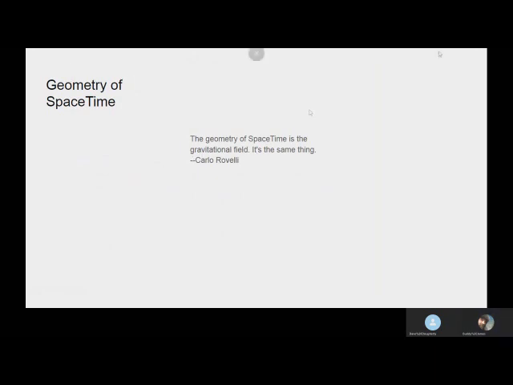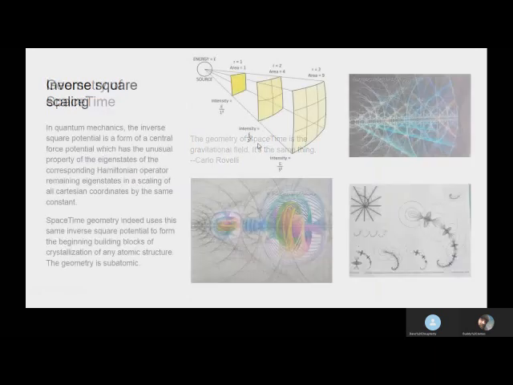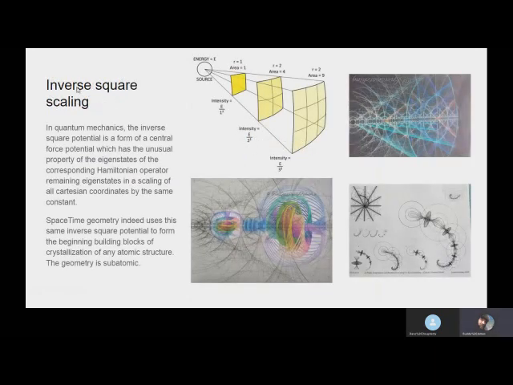So, geometry of space-time. The geometry of space-time is the gravitational field. It's the same thing, says Carlo Rovelli. Inverse square scaling. In quantum mechanics, the inverse square potential is a form of a central force potential which has the unusual property of the eigenstate of the corresponding Hamiltonian operator remaining eigenstate in a scaling of all Cartesian coordinates by the same constant.